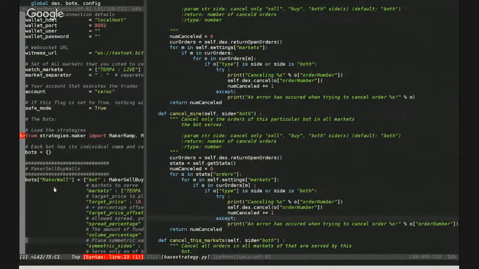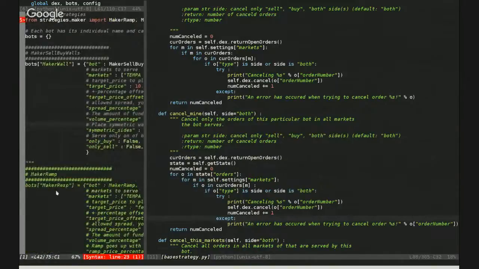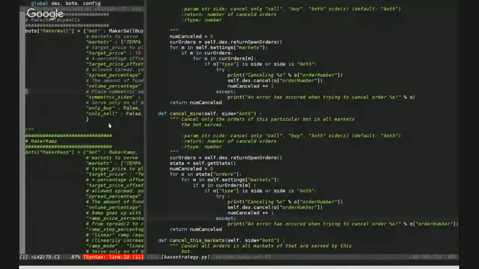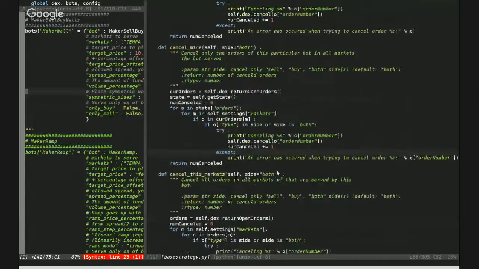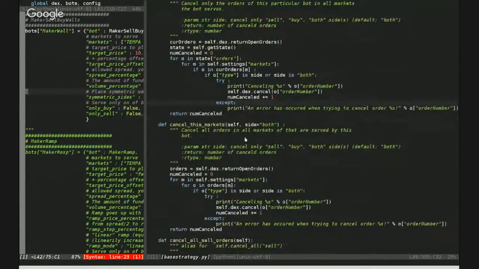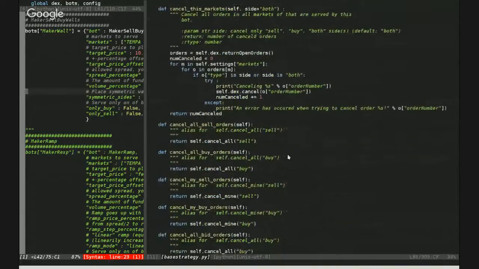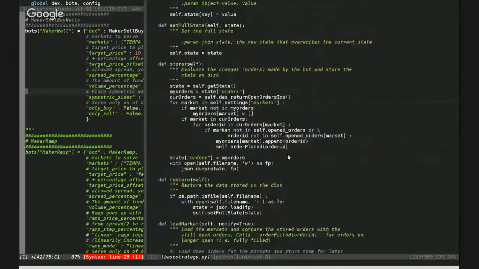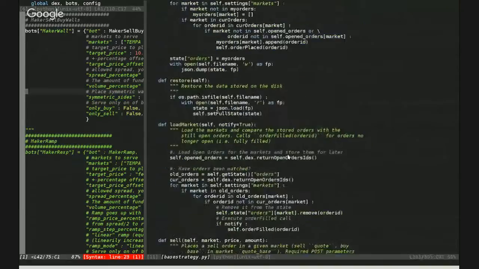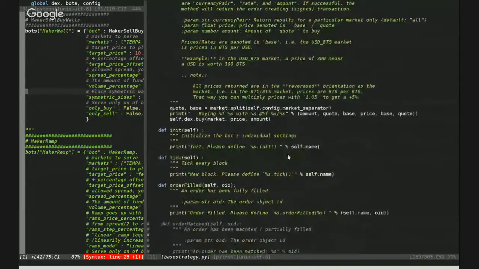This one is called Make a Wall. Here's another one that I call Maker RXP. I can cancel just the orders of this bot, but not the orders of that bot. And I can cancel also all the orders of a particular market. Well, yes, this is the difference here. And I think that's basically everything about this infrastructure.